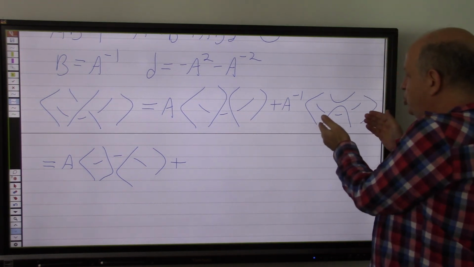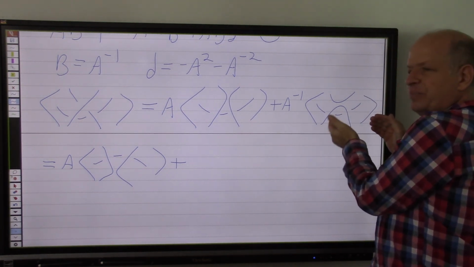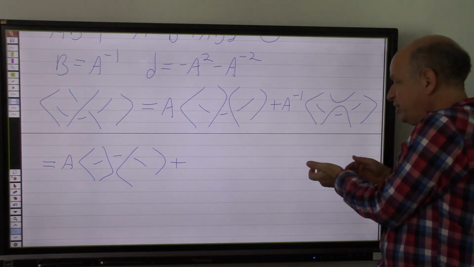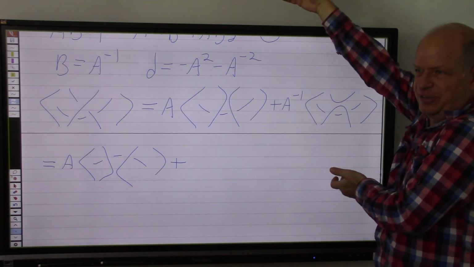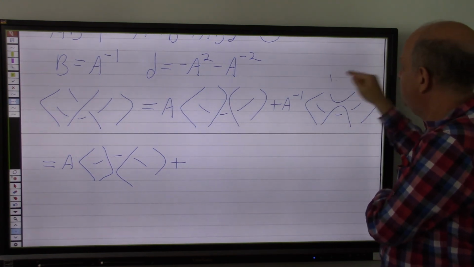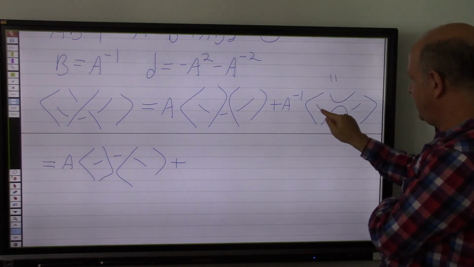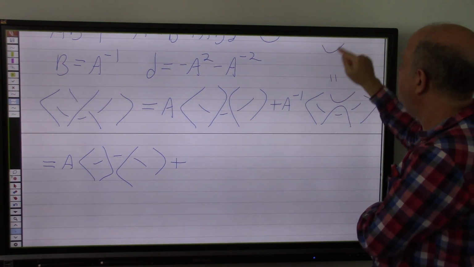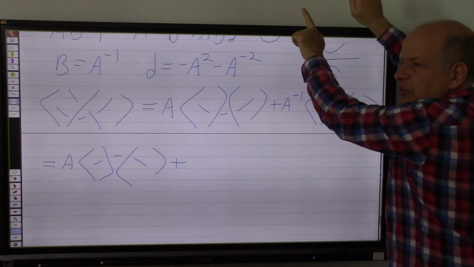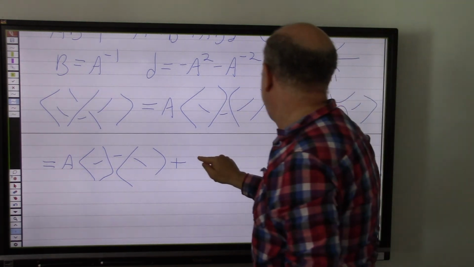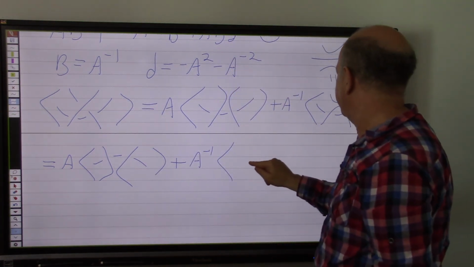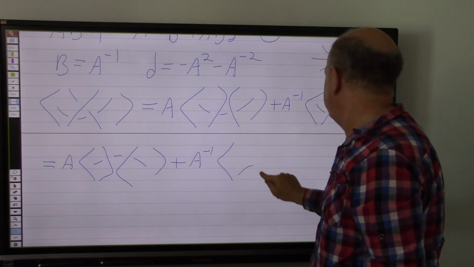So in principle, I should have expanded this to four smoothings, but I don't need to because I've done it above. I know that this is invariant under Reidemeister 2, so this one is in fact equal to, I can slide the horizontal strand to be between the two other ones, and then I can slide it further below the top one. So overall I get plus A inverse times this picture.